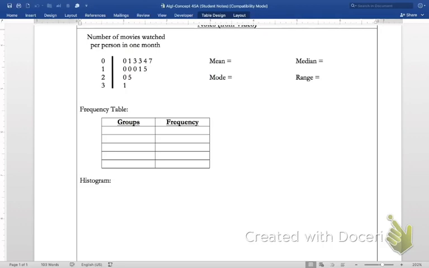And then we're going to make what's known as a frequency table, and we're going to make a histogram formally as well. So again, on the stem and leaf plot, these numbers, the 0, 1, 2, and 3, those stand for the tens place. These numbers over here are the leaves, and those stand for the ones place. Therefore, this number right here, this 5, is really the number 25.